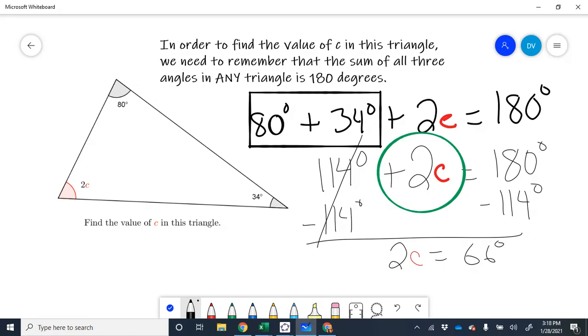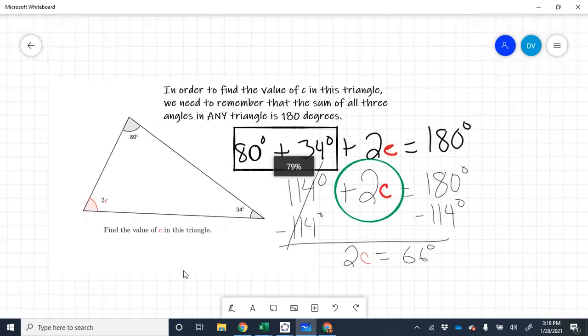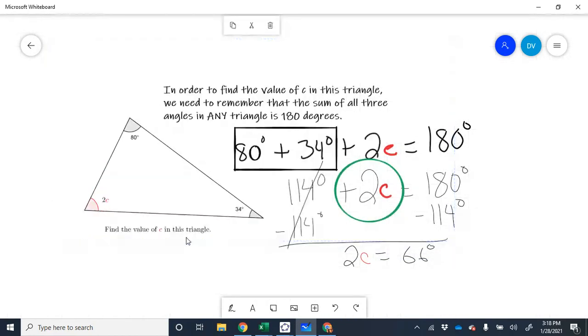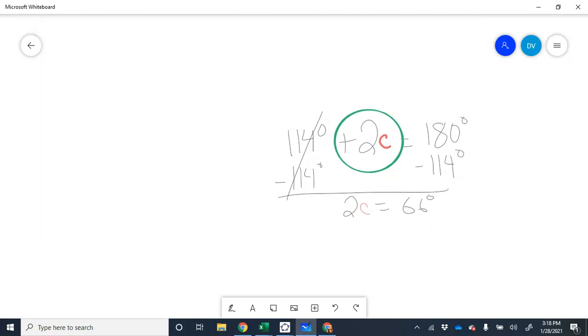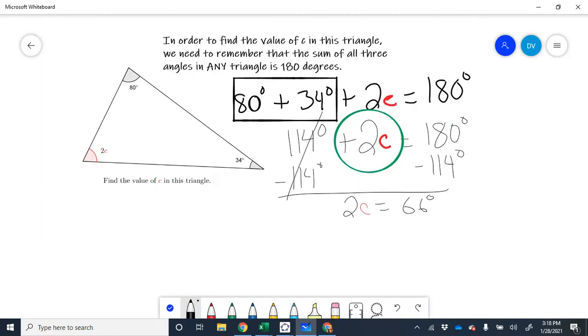What will we have to do now to get the c all by itself? To get the c by itself, we're going to divide both sides of this equation by 2. What will we get when we divide by 2?